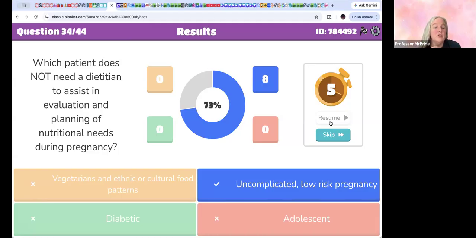Vegetarians and different cultural and ethnic food patterns create opportunities for a dietitian to help them pick, again, to try to get as many of their nutrients from their diet as they can. So vegetarians and different ethnicities that eat certain things all the time might be lacking in certain nutrients. And so a dietitian can help them as well.